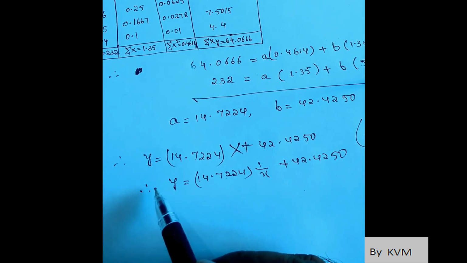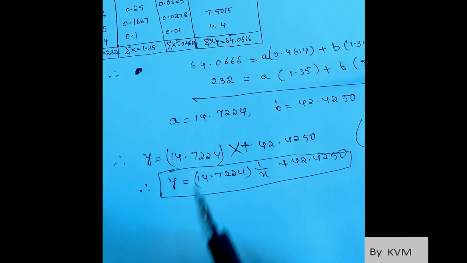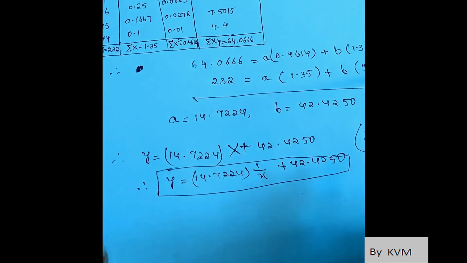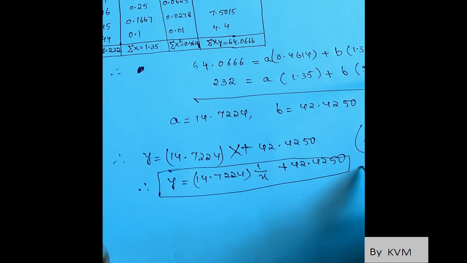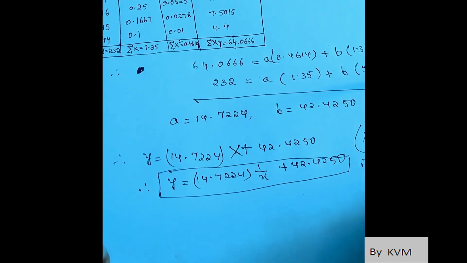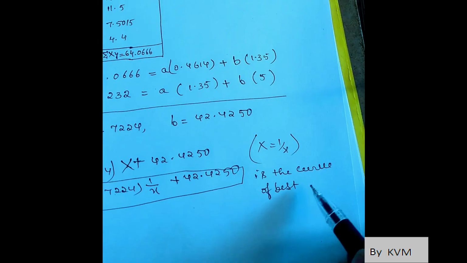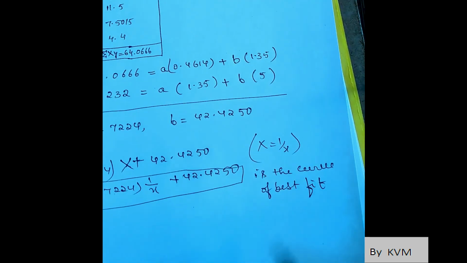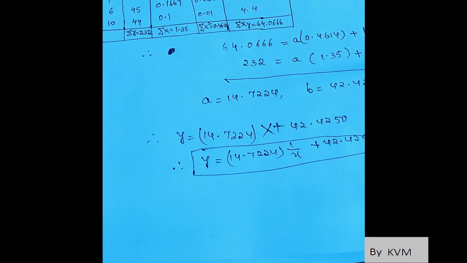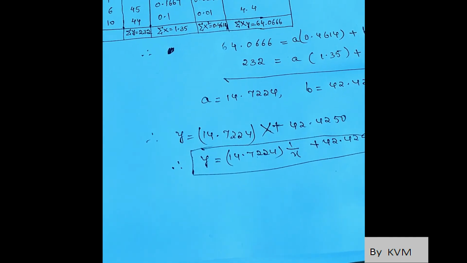So this is the equation of a curve which passes through the maximum number of points. So this is the curve of best fit. Now after finding the curve of best fit, we have to find the value of y when x equals 8.